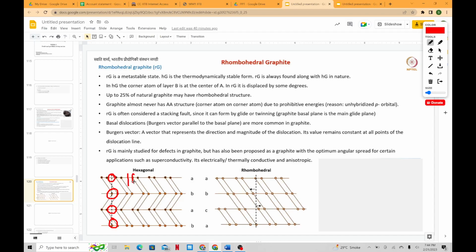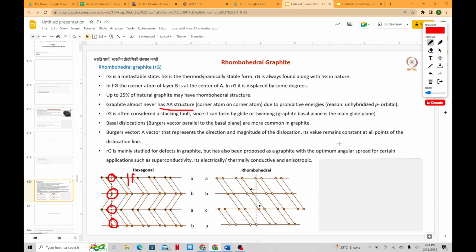Okay, got it. So up to 25% of graphite may have rhombohedral structure. Mostly we find hexagonal graphite, because it is thermodynamically stable. Graphite almost never has AA structure.